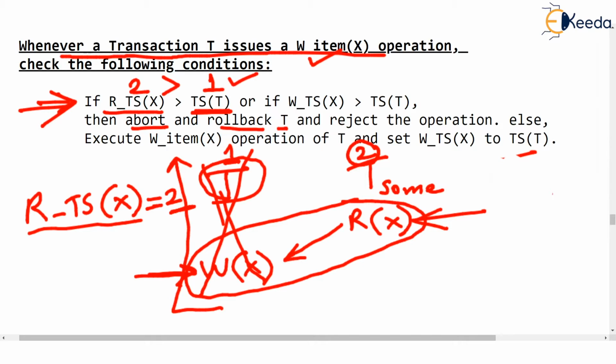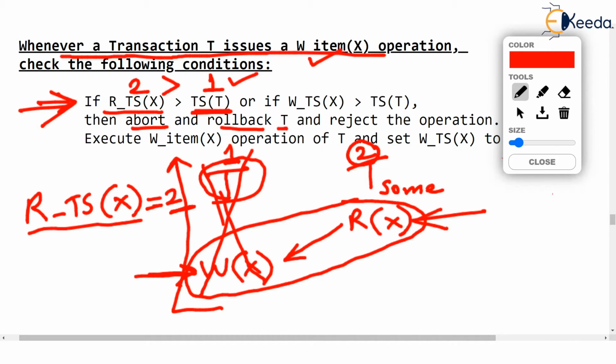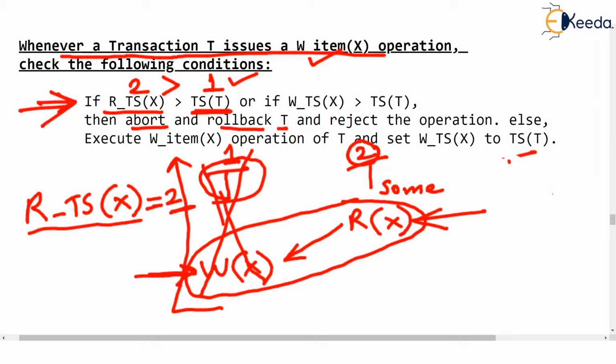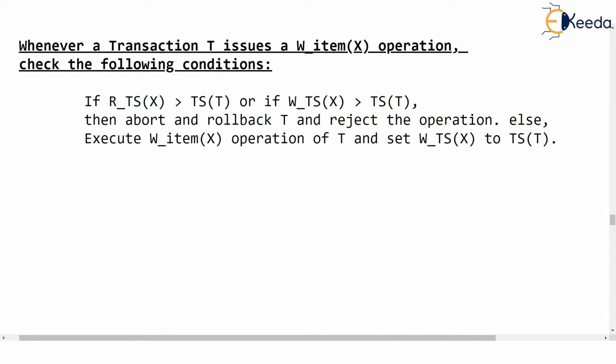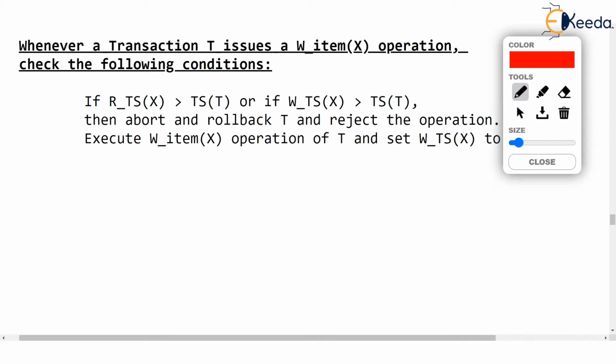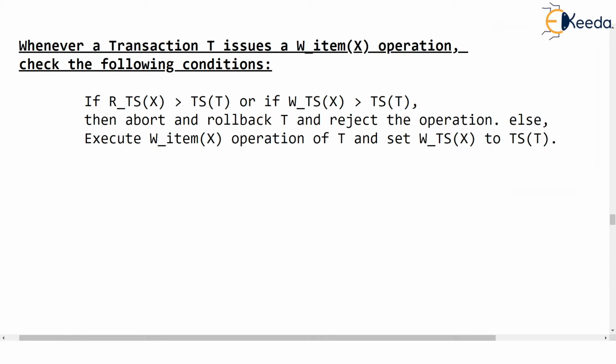It was cancelled last time, isn't it? So T starts all over again, but this time T starts with a new timestamp. Last time, this T had a timestamp of 1, but now the timestamp of T will be 3. Just understand this. Let's say we again have transaction T, and T is issuing a write request.